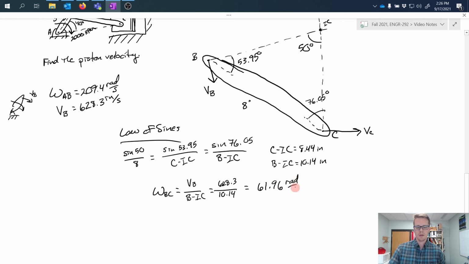radians per second. Now, this rotational velocity is true as a corresponding rotational velocity for any point located on this rigid body. And of course, the one that I'm interested in is point C. So I can use it then to solve for point C by plugging in to this equation.